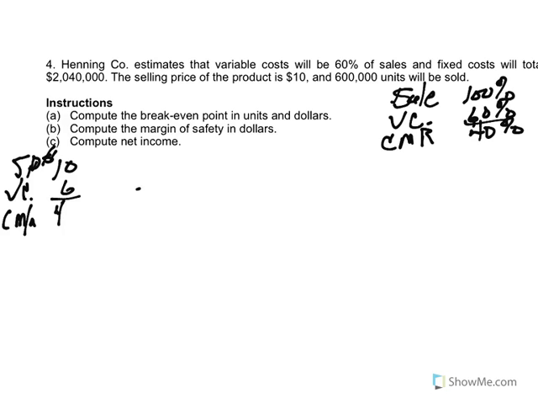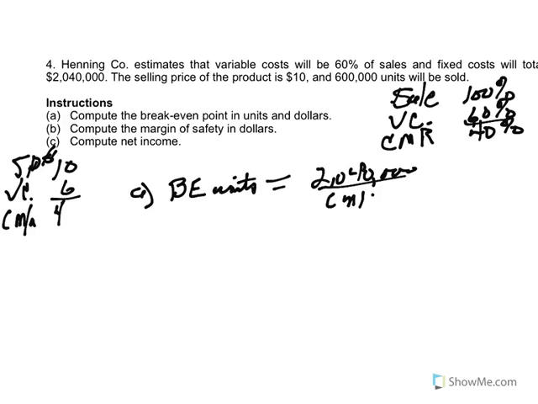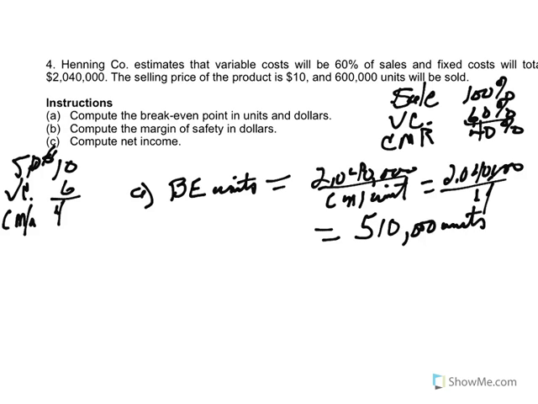Now they want to know the break-even. Okay. Break-even in units is equal to the fixed cost, $2,040,000, divided by the contribution margin per unit, which is equal to 2,040,000 divided by 4, which equals 510,000 units.